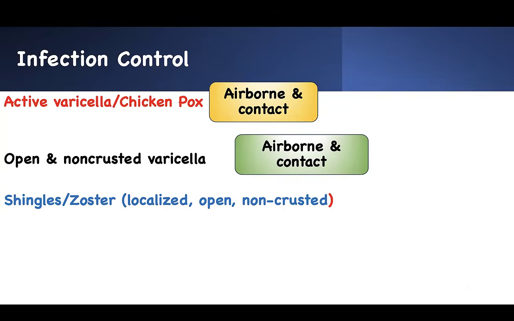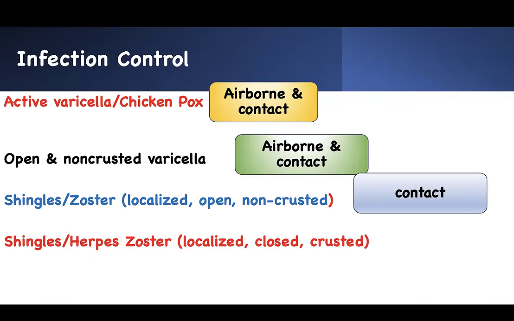Since it's shingles, we consider it an infectious process because it's localized and open. That means you can share the virus. What you do is contact precautions. You don't need airborne because it's not an active infection in terms of varicella. It's just shingles. So remember, shingles that is localized, open and non-crusted is contact.